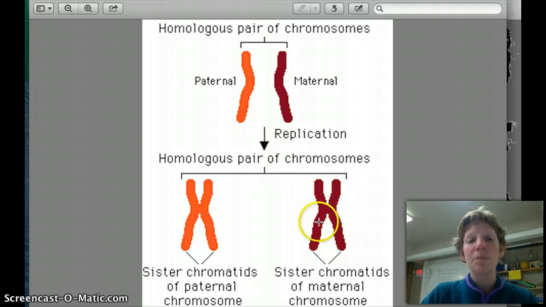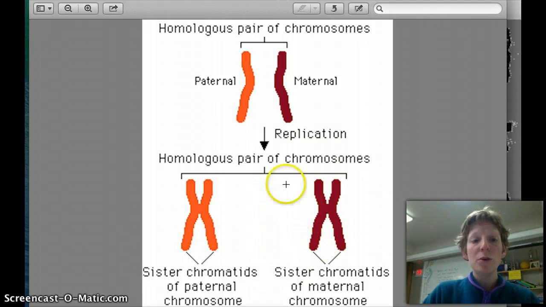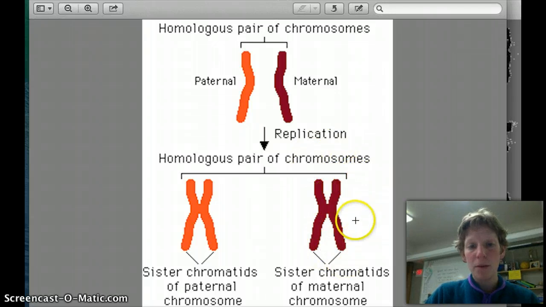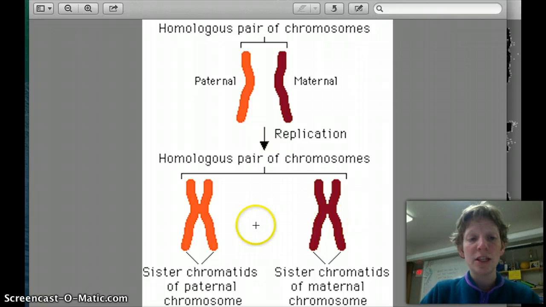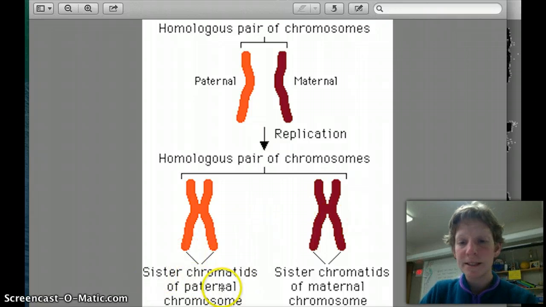And same for mom. There is the original chromosome from mom and then the exact copy of the chromosome that occurs after replication. Even though these are after replication, they are also homologous, because one part is from dad and one part is from mom.